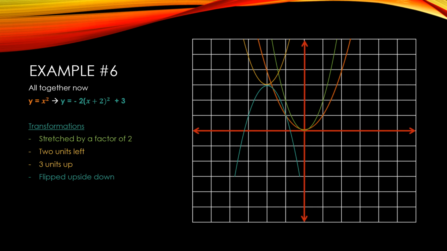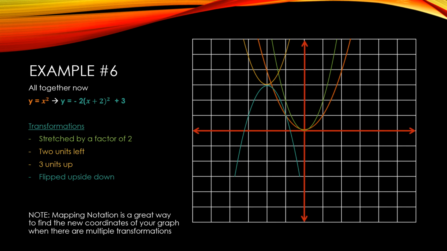Here is the final parabola, or the parabola that represents y equals negative 2(x plus 2) squared plus 3. Now, it's important to note that we have something called mapping notation, and it's a great way to find the new coordinates of your graph when there are multiple transformations, and you can do it pretty much in 2 steps by using algebra. I'll have another video that goes over the mapping notation as well.